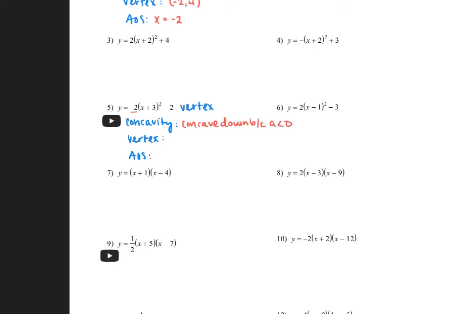My vertex, so H is -3, K is -2, so my vertex is -3, -2. And my axis of symmetry is x equals h, so x equals -3. Remember, when doing these, you're only switching the sign of the number inside the parentheses.